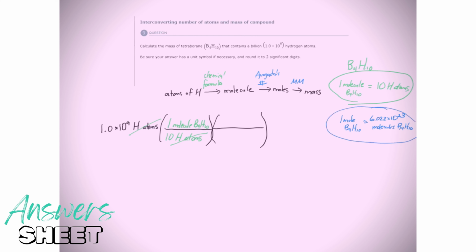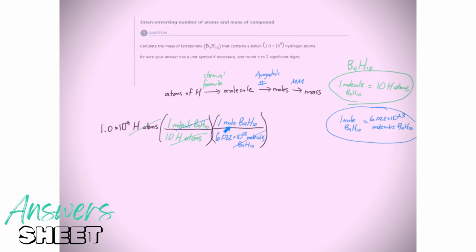Where is 1 mole going to go? Up top. 1 mole of B4H10 is equal to Avogadro's number of molecules of B4H10. Notice how the units of molecules B4H10 cancel out. Now we have moles of B4H10.